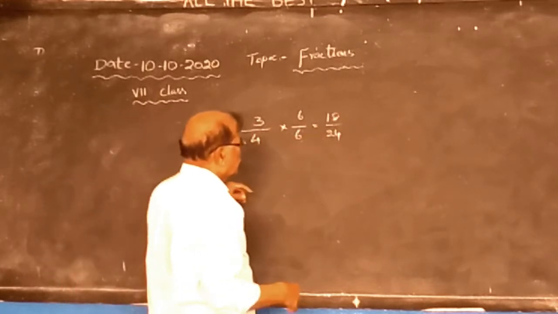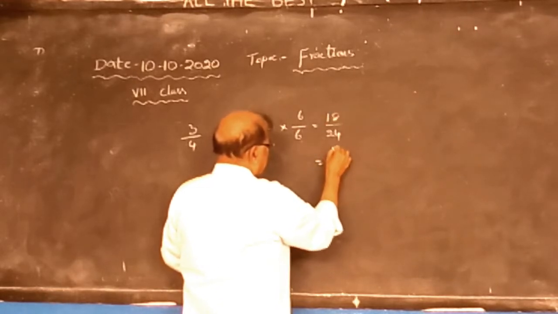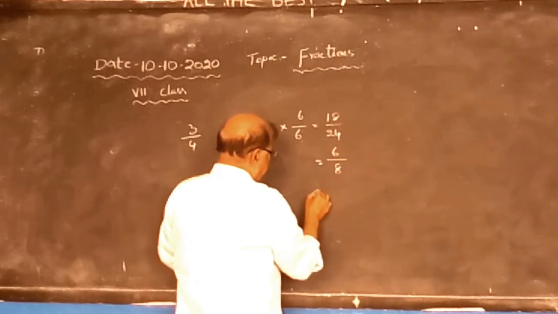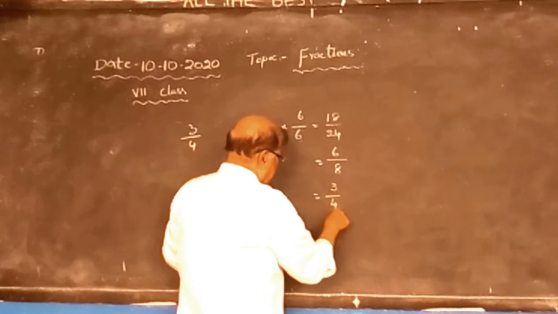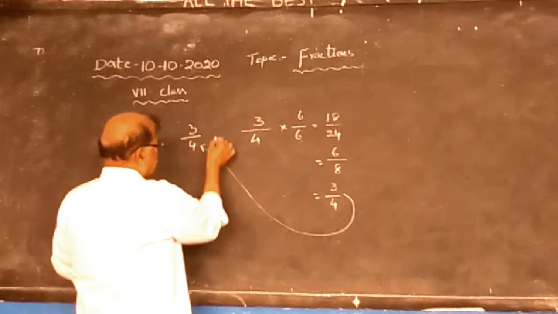18 by 24. So it goes in the 3 tables. 3 6s are 18, 3 8s are 24. Again it goes in the 2 tables. 2 3s are 6, 2 4s are 8. Are we not getting the same fraction or not? So both are equal.